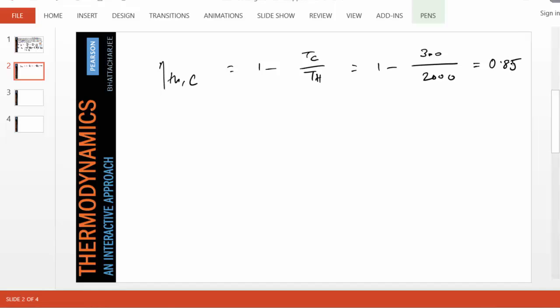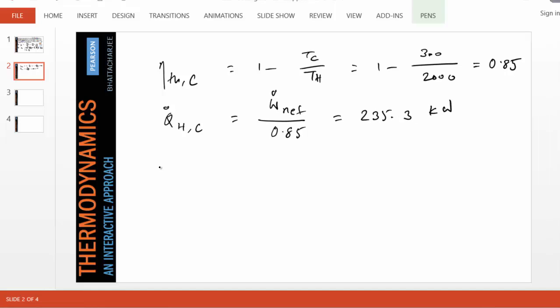So therefore, we know how much heat we need for the Carnot engine for the same output. So we want to know the Q dot H for Carnot would be what? Would be W dot net that is produced, which is the same 200, divided by 0.85, which turns out to be 235.3.